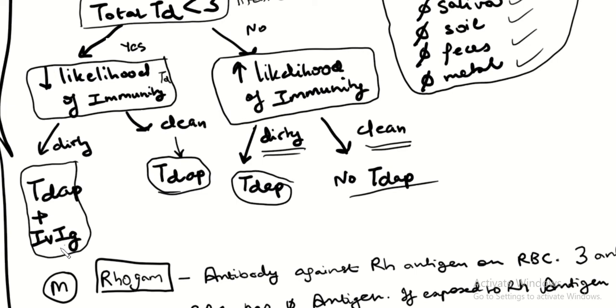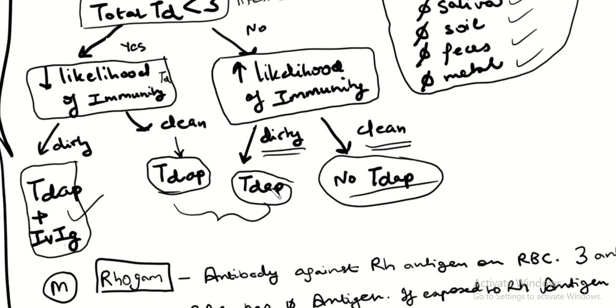Okay. So if you see here, if the wound is dirty and they don't have enough shots in them, which is less than 3, they get the big guns, Tdap and IVIG. If the wound is clean and they have good immunity, they get nothing. Rest all of them get what? A Tdap and get sent home once the wound is managed.